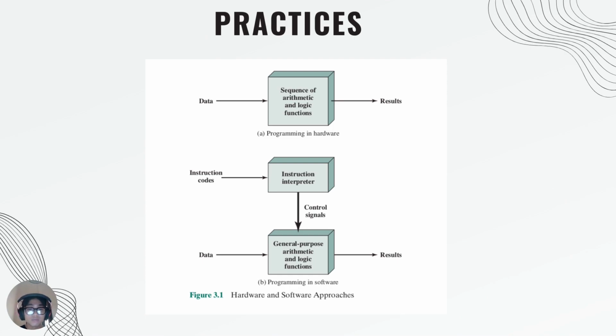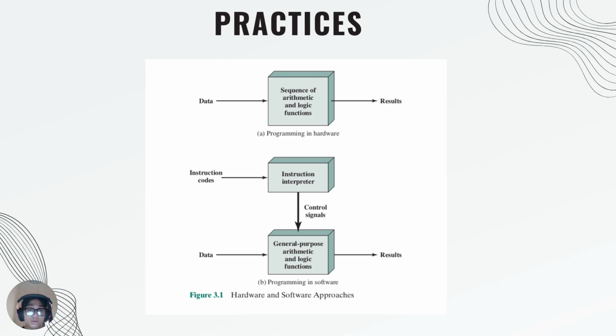The next topic is the hardware and software approaches. In picture A, which is programming in hardware, we can see that data is input into a sequence of arithmetic and logic functions, which then release the results.